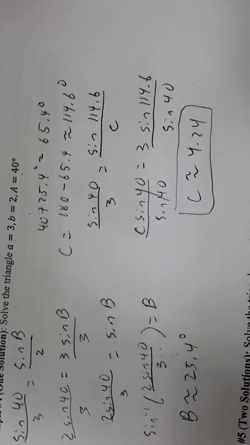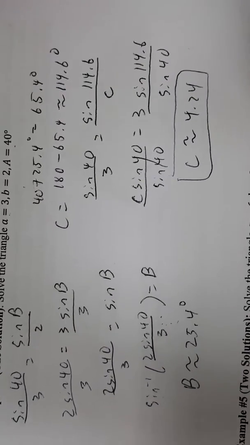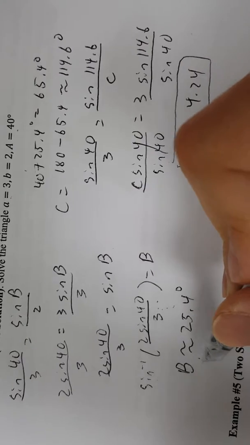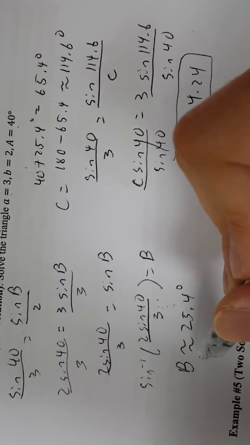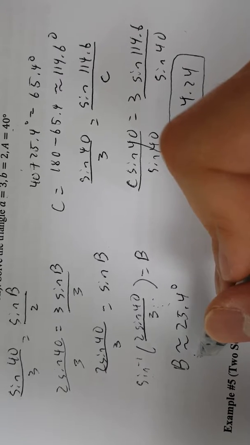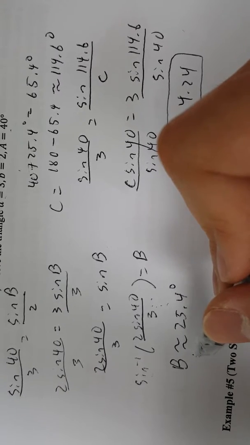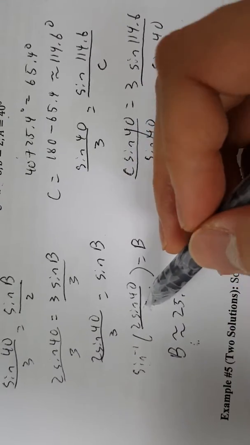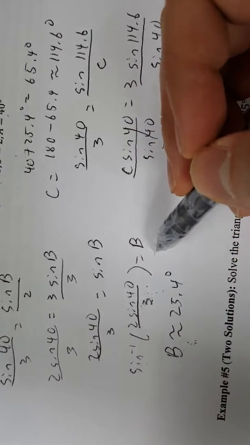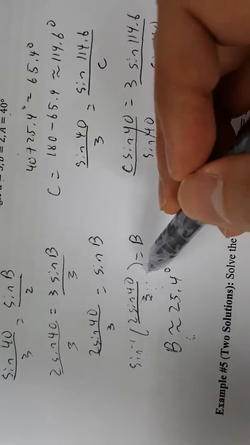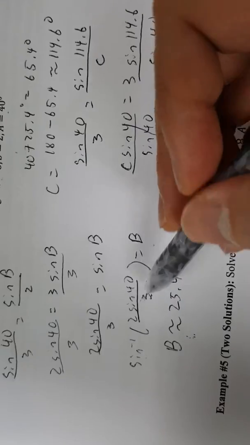I forgot to mention here. When you find the angle B, you actually have to check when you do this inverse, there's actually two angles that have the same sine.